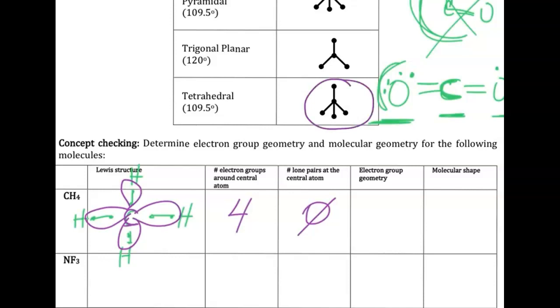Electron group geometry: we need to look at this chart, and it gives us a tetrahedral shape of electron group geometry, and the molecular shape will be the same because four electron groups give us four bonds also. Tetrahedral. Okay.